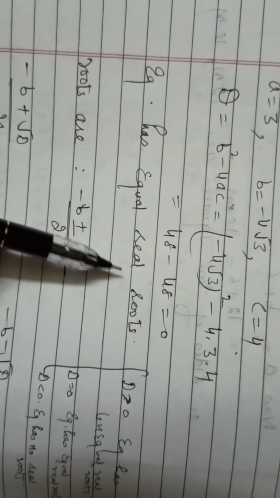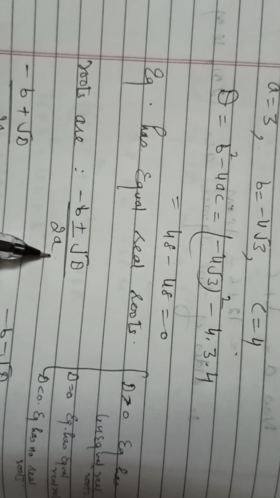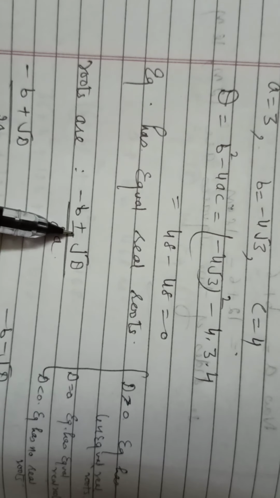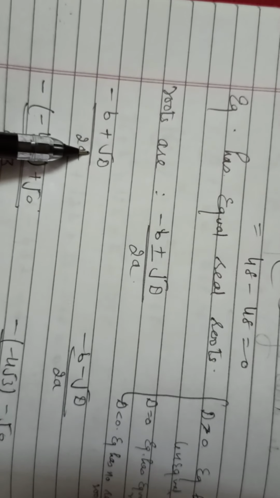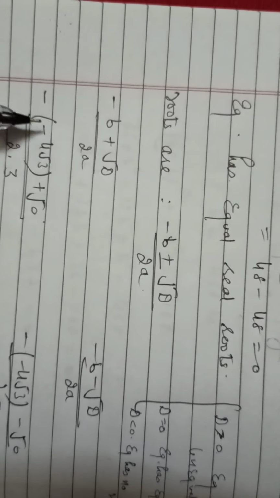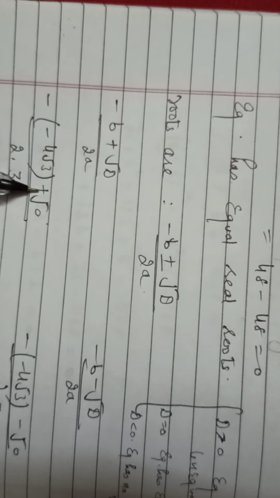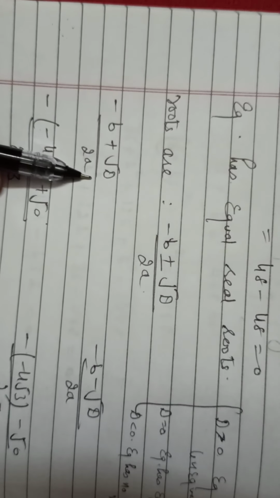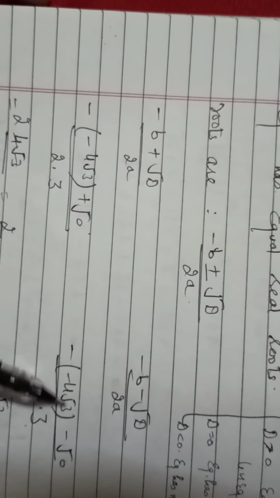And how will you find those roots? Minus b plus minus root d upon 2a. For one root you will put the plus sign here, for the second root you will put the minus sign. This is one root and this is the second root. Minus b is minus of minus 4 root 3, plus root d, d is 0, upon 2 into 3.